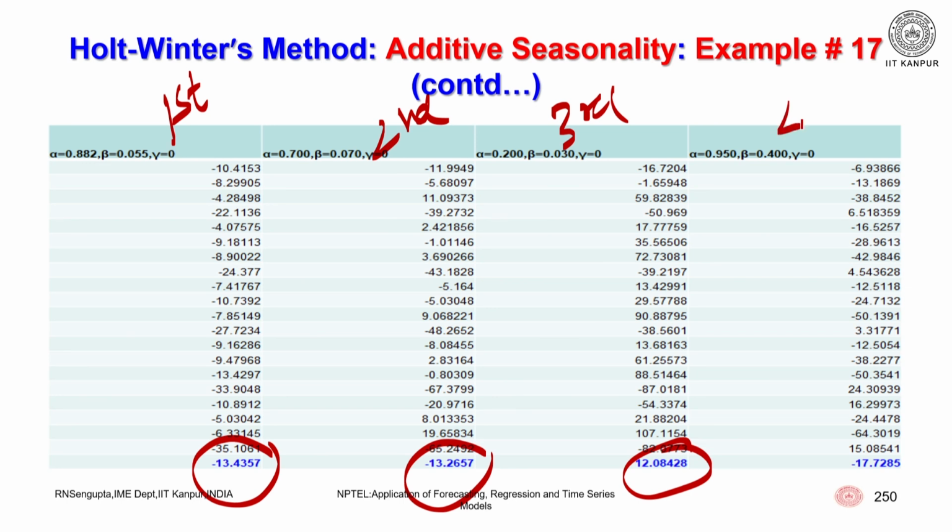And for the fourth column, alpha 0.95, beta 0.4, gamma 0, the value comes out to minus 17. So, obviously, you will be tempted to choose the third column, which is alpha 0.2, beta 0.3 and gamma 0, because the overall sum of the error is 12, which is good.